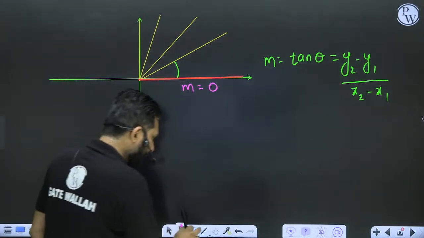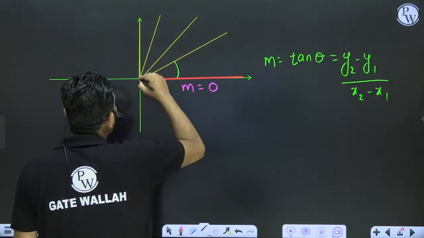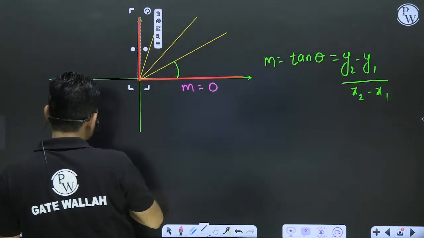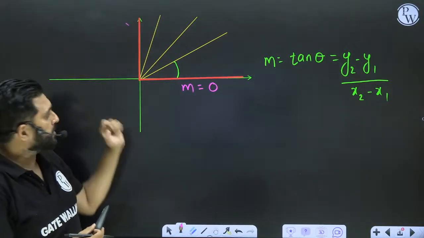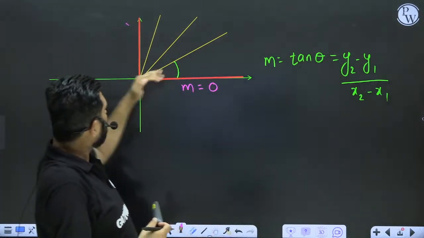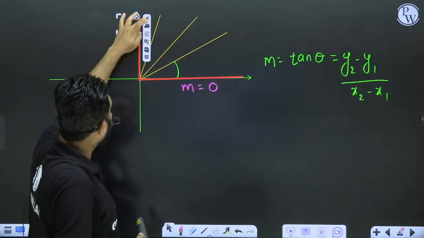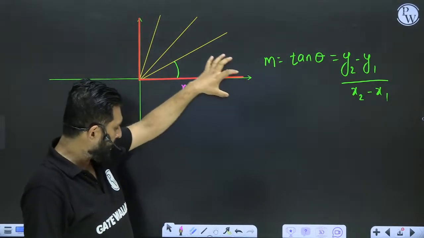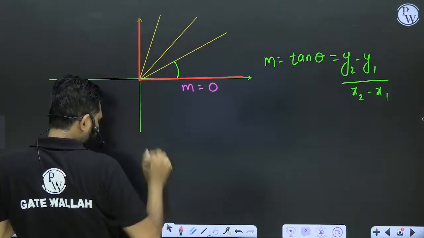But in contrast, if you see this line, here change in y is defined, but change in x is 0. Listen carefully: what is m then?